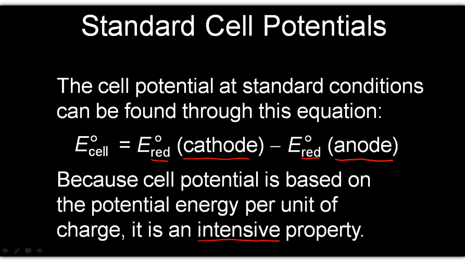A comparison would be density. For water, it doesn't matter if I have a gram of it or 1,000 grams of it, the density of water is still 1. Unlike mass, where the more you have, the more you have. So that's an extensive property. This, for electron cell potential, is only going to be intensive. It does not change. It's a constant value.